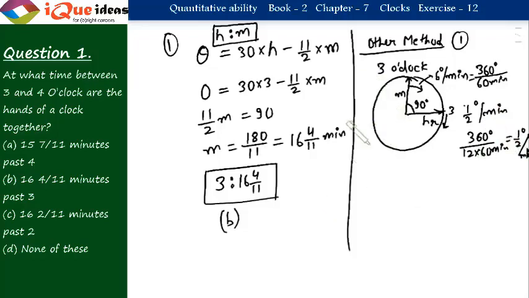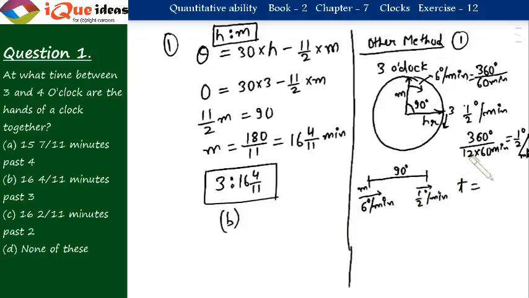Now we know that there are two things chasing each other. The faster one is behind, the distance between them is 90 degree. The minute hand is the faster one and it is behind. The speed is 6 degree per minute, right? The hour hand is moving forward and speed is half degree per minute, right? It's the same situation of same direction.